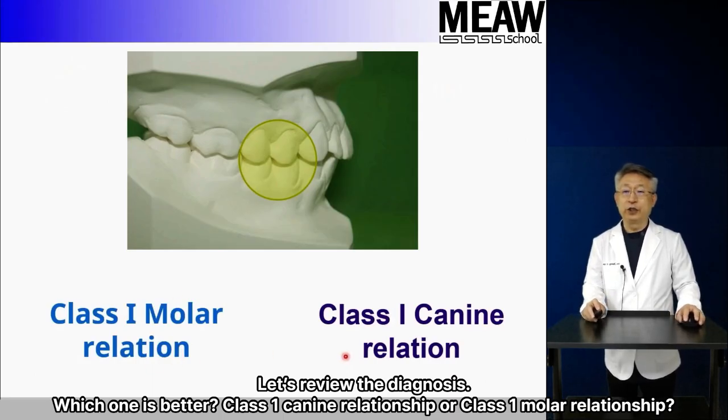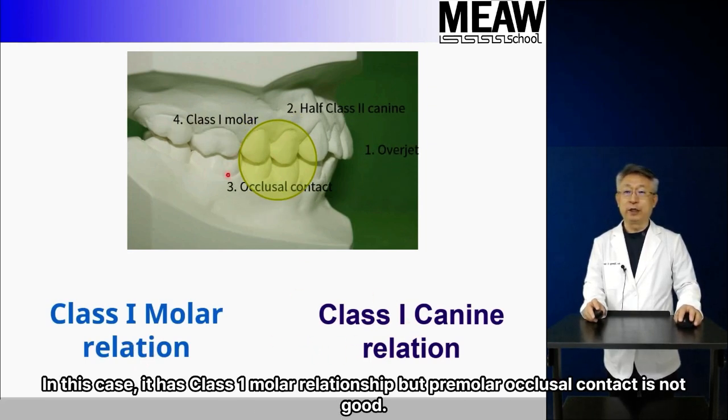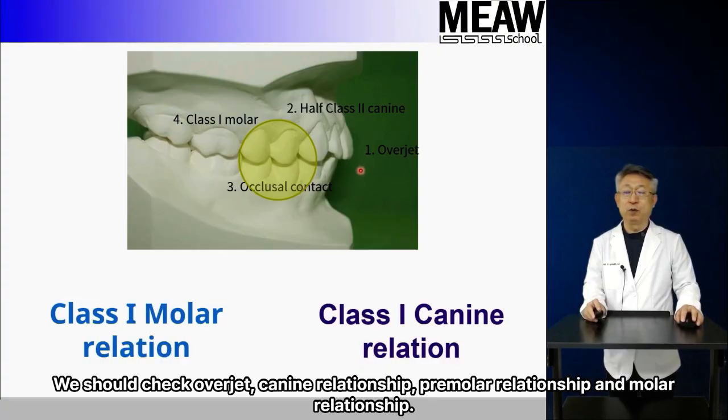Which one is better? Class 1 canine relationship or Class 1 molar relationship? Class 1 canine relationship is better. In this case, it has Class 1 molar relationship, but premolar occlusal contact is not good. We should check overjet, canine relationship, premolar relationship, and molar relationship.